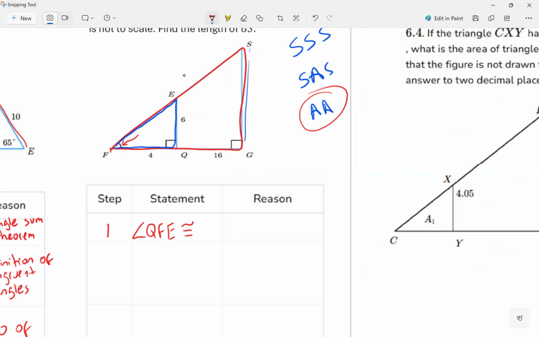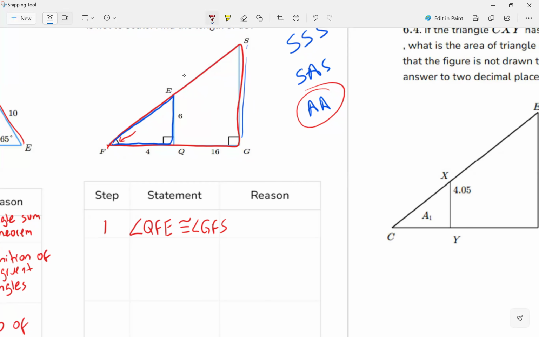Remember QFE is that angle from the small triangle, and GFS is basically the same corner from the big triangle. When one angle is equal to itself, the rule we call that is the reflexive property. So let me write this, reflexive property.